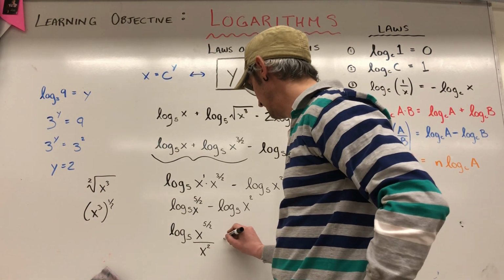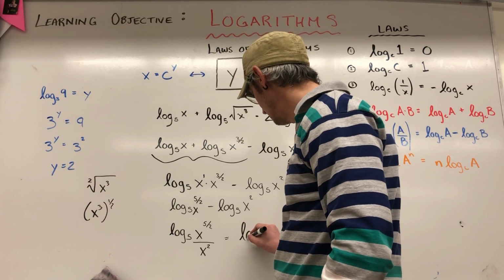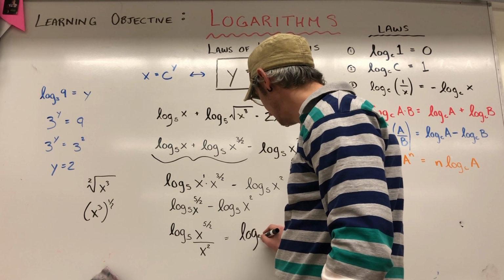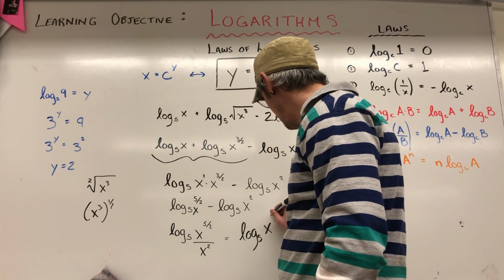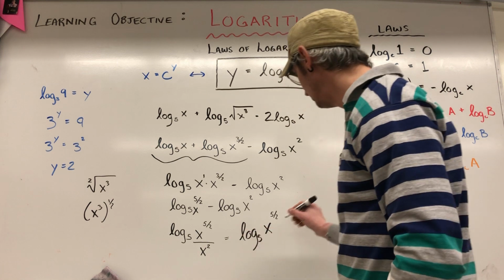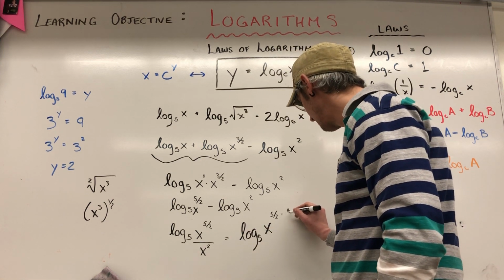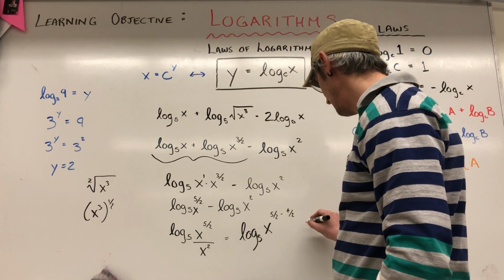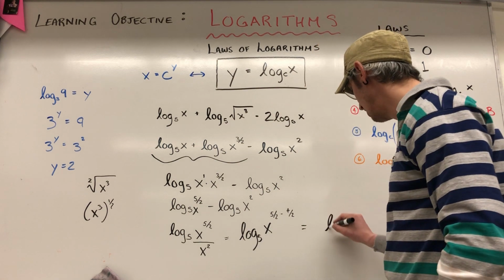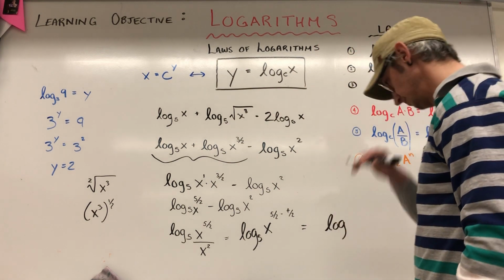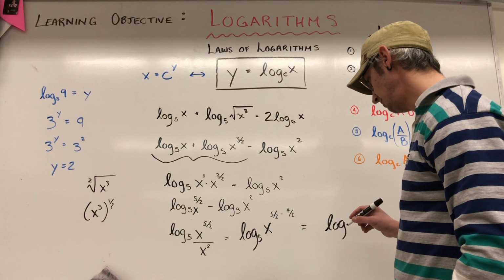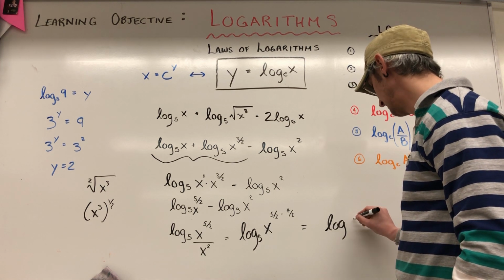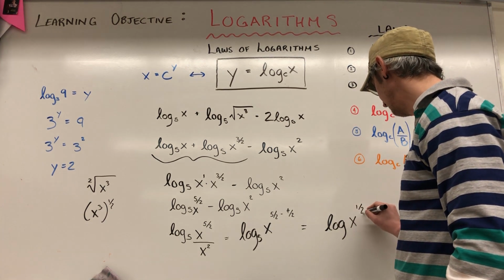So this is the same as log base 5 of x to the 5 over 2 minus 2, which is the same as 4 over 2. And then that leaves me with a final answer of log base 5 of x to the 1/2.